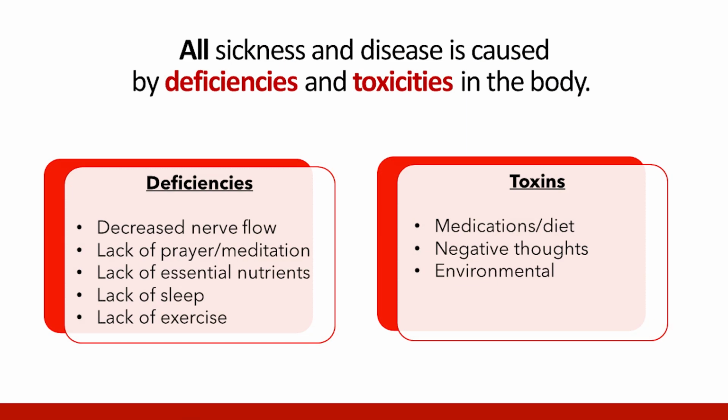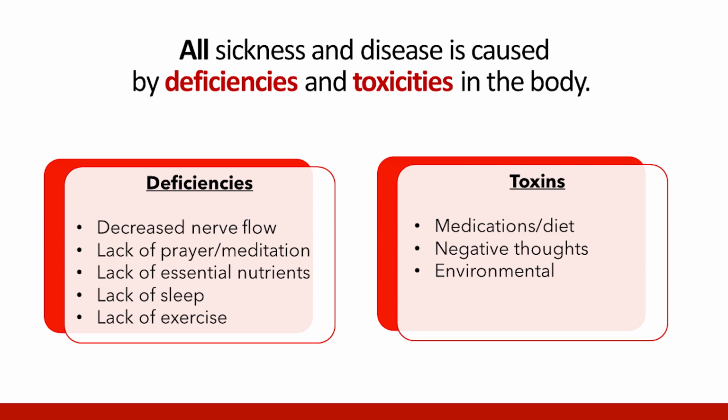We're going to remember that all sickness and disease is caused by toxicities and deficiencies. The main deficiency is, remember, you've seen some of these workshops hopefully before, decreased nerve flow caused by subluxation. So we've got to correct that. That's always number one. We've got lack of prayer meditation, lack of essential nutrients, lack of sleep, lack of exercise.